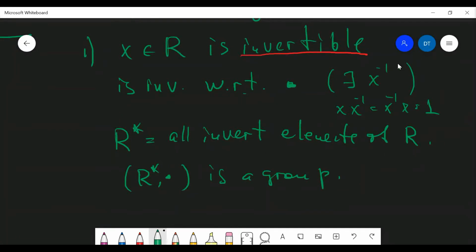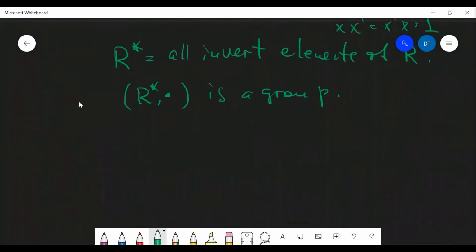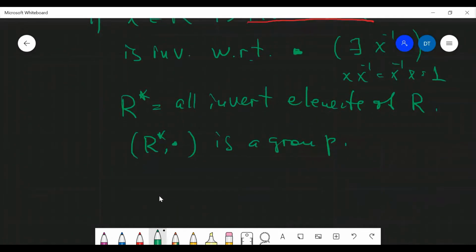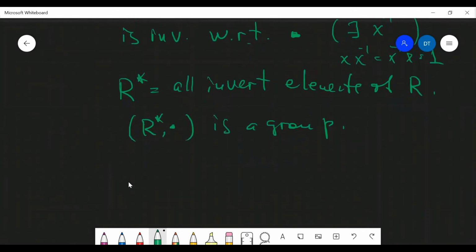That was the only property that we lacked when we defined the properties of multiplication on the ring. And as you remember, we had this notation for the remainders, Zn star. If you treat Zn as a ring, then Zn star is the set of invertible elements of this ring. That was exactly the same notation as here, and that's not a coincidence.